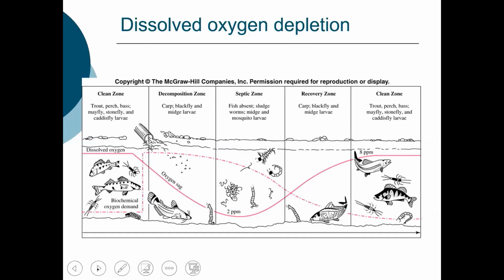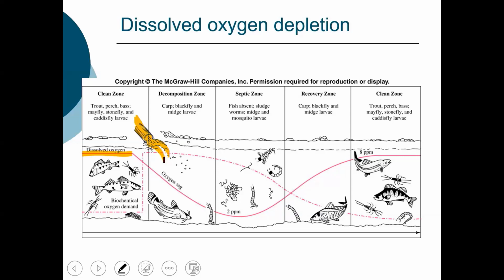So this is just a typical diagram showing the Streeter-Phelps model. So we have some discharge, and prior to the discharge, we've got a constant dissolved oxygen concentration.